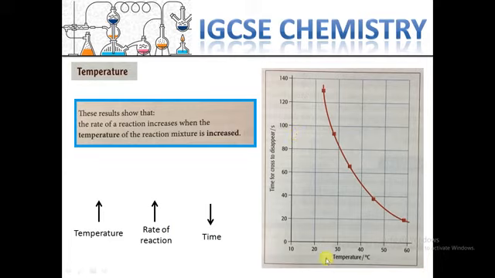While you are increasing the temperature, the time for disappearing of the cross line is reduced. If you increase the temperature, the time will decrease.